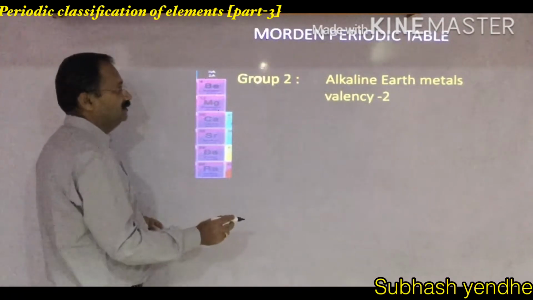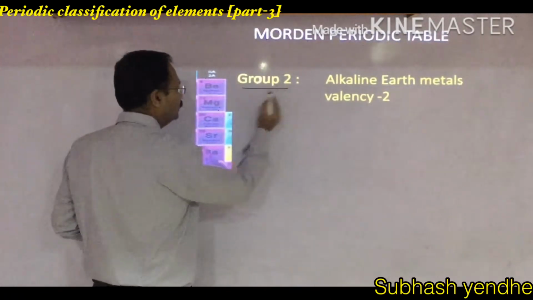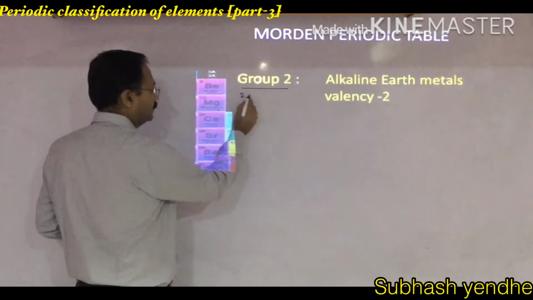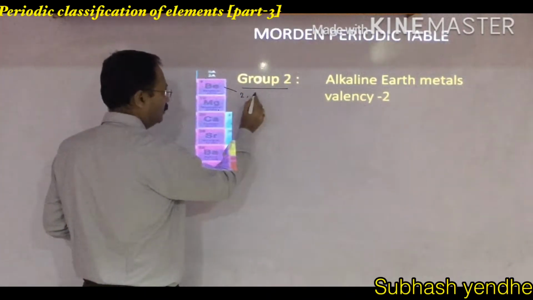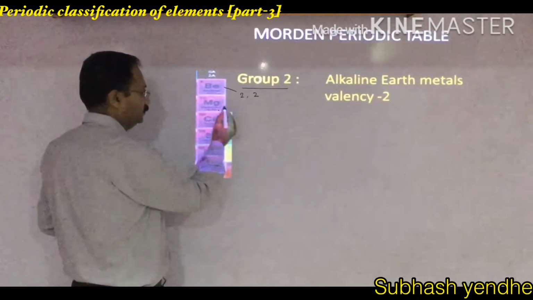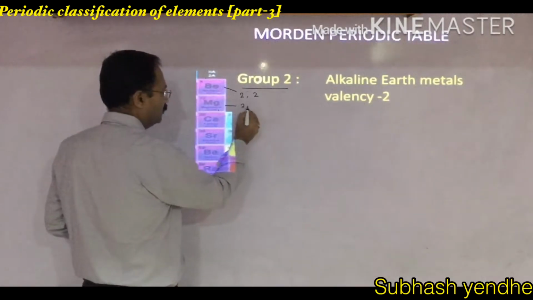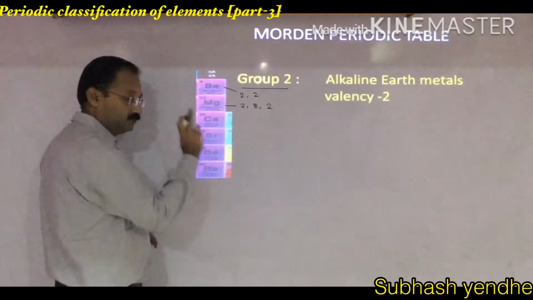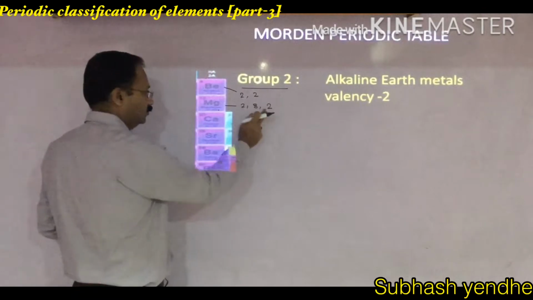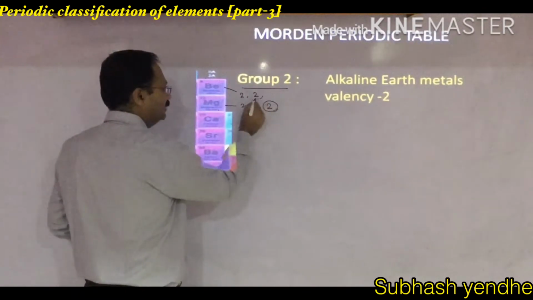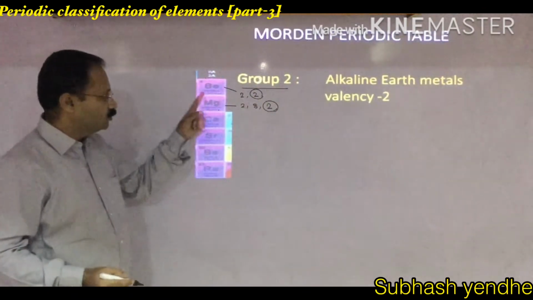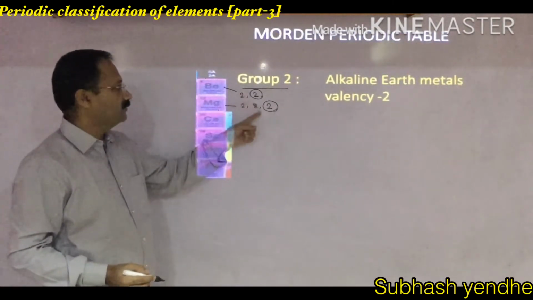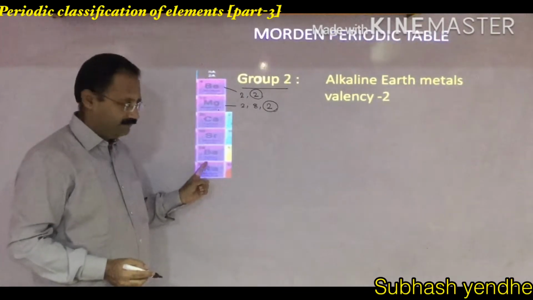If you see why they are in the second group, because see, beryllium has atomic number 4, so its electronic configuration is 2, 2. Magnesium, its electronic configuration is 2, 8, 2 because its atomic number is 12. Observe this, in the outermost shell there are 2 electrons, therefore their valency is 2 and therefore they are in the second group.